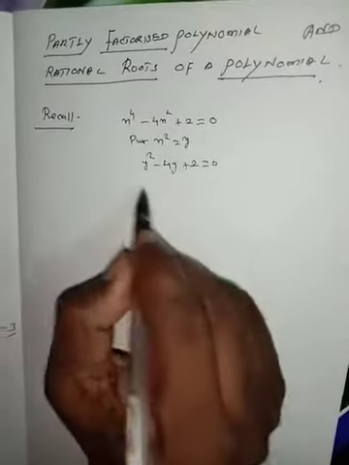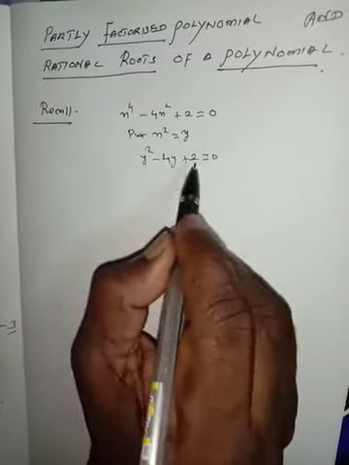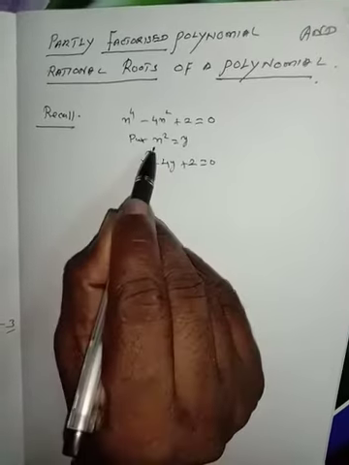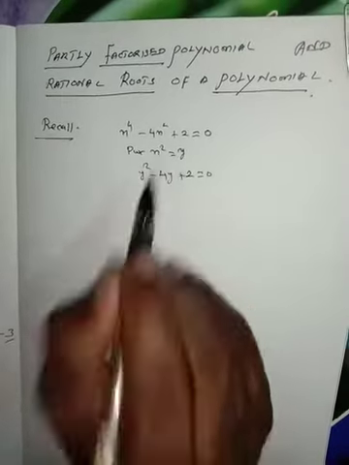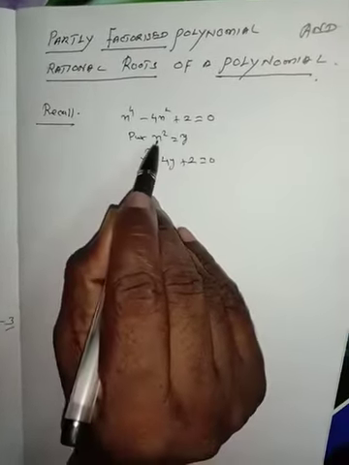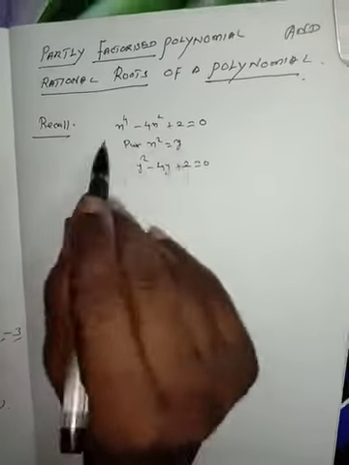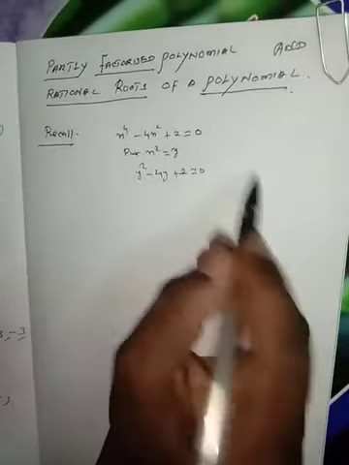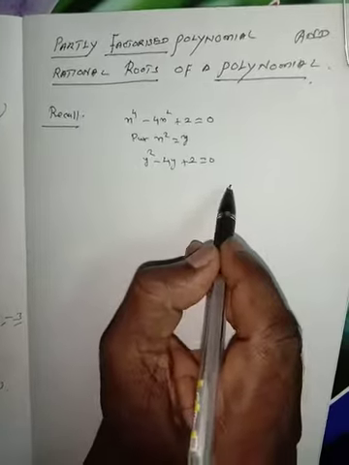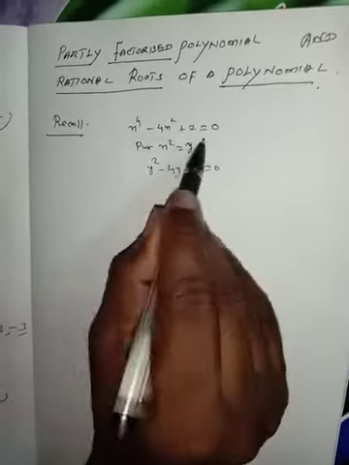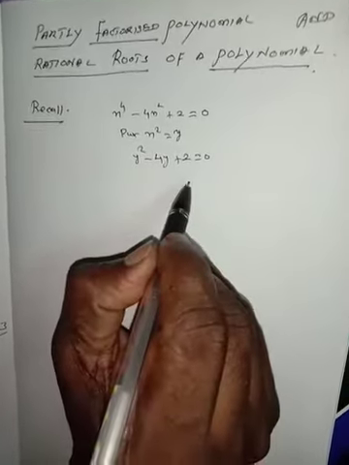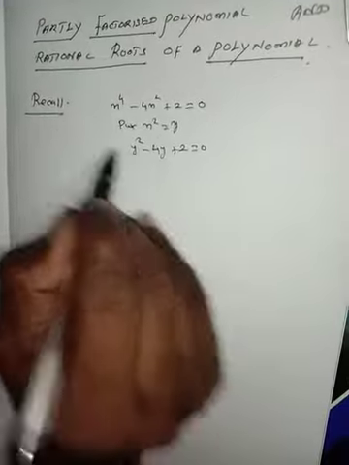Use any one method. Find y and then put it in x square is equal to y form. Using the form x square is equal to y, we get another second degree equation. Solving, we get 4 roots. This is a fourth degree polynomial, we get 4 roots. This is the partly factorized method.